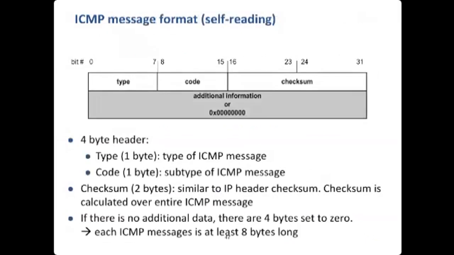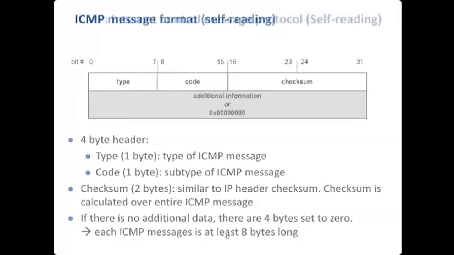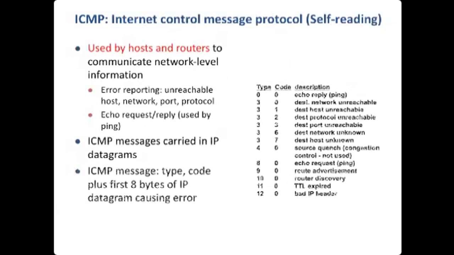The important format is that it has a type field, a code field, and a checksum, and of course some additional information. Type and code, 8 plus 8 bits, define what that ICMP message is. For example, you can see 0 0 defines echo reply or ping reply, which comes from the machine. Similarly 8 0 here, look at the fifth line from the bottom, defines echo request or ping request.